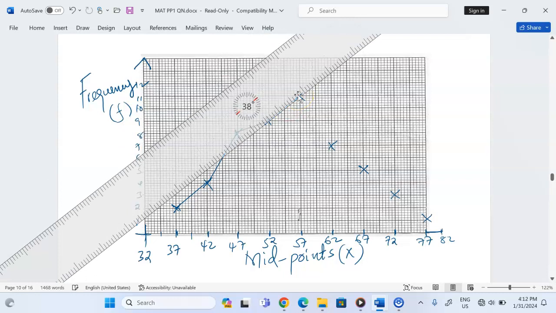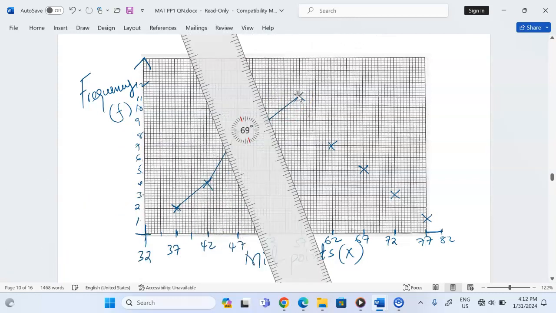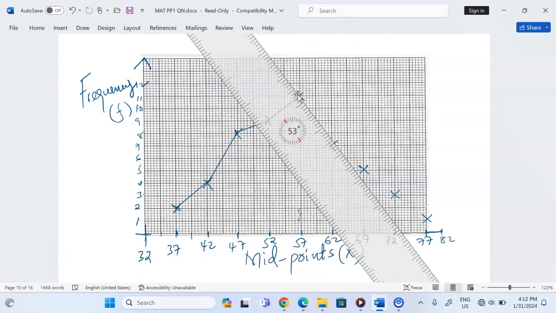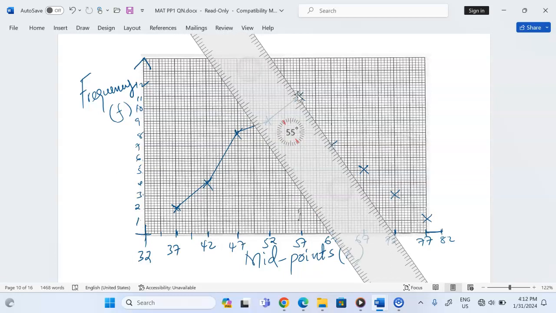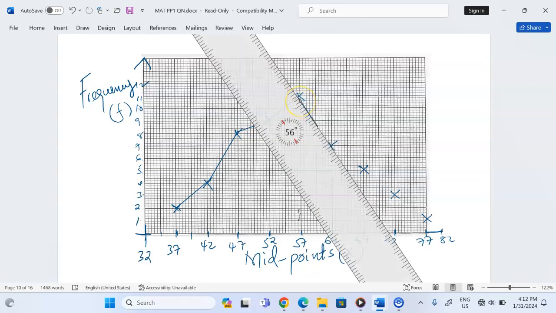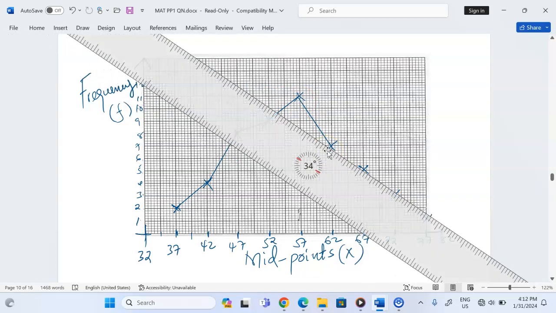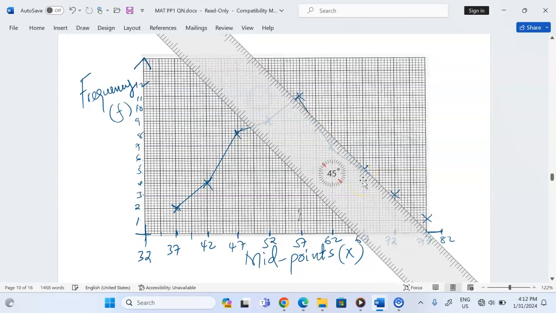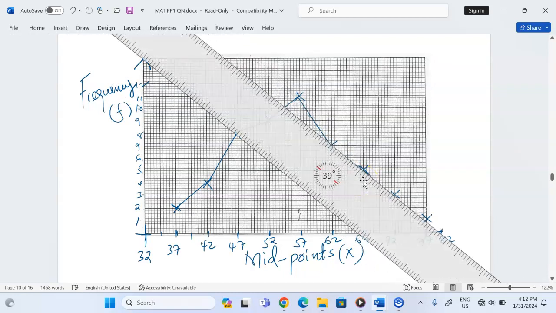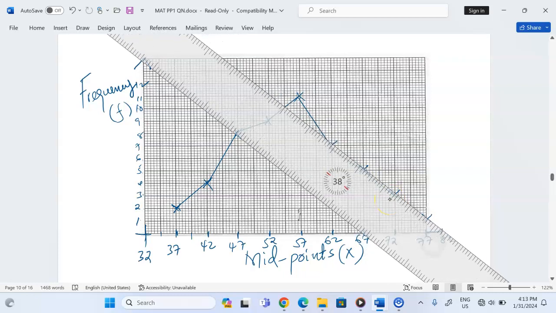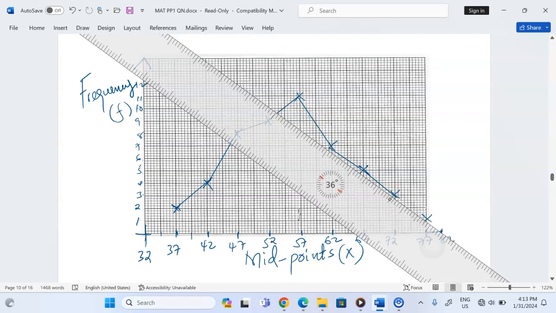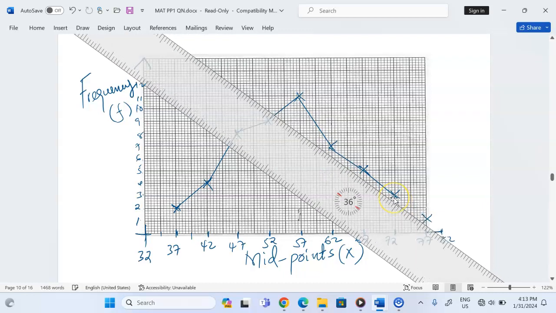So you use very straight lines from one edge to the other. The next one using a straight line, and finally this one also using a straight line.